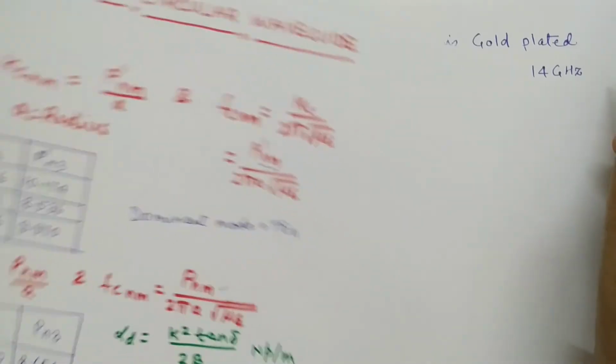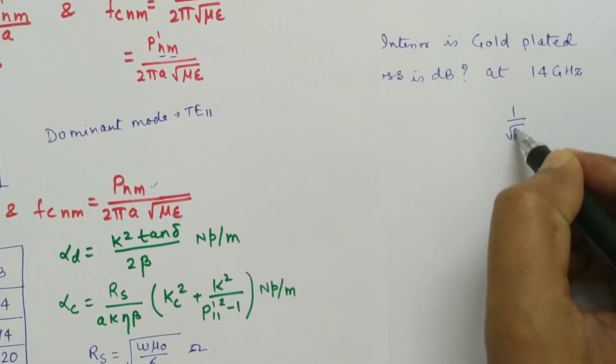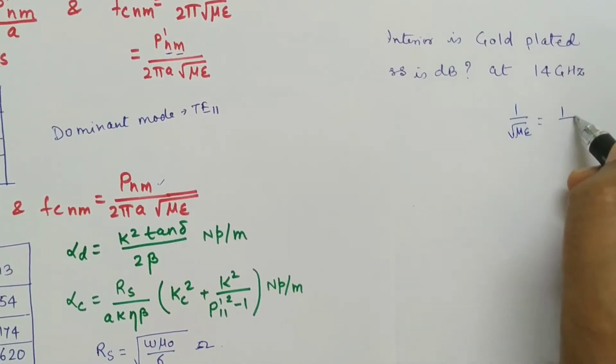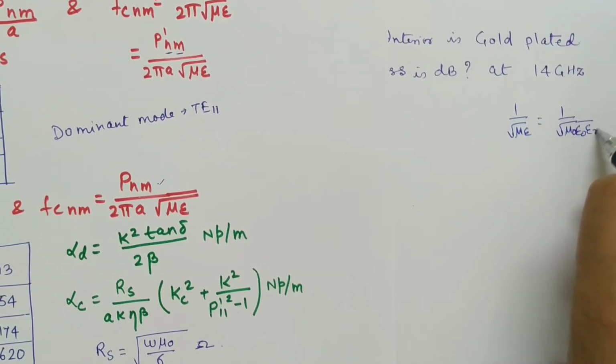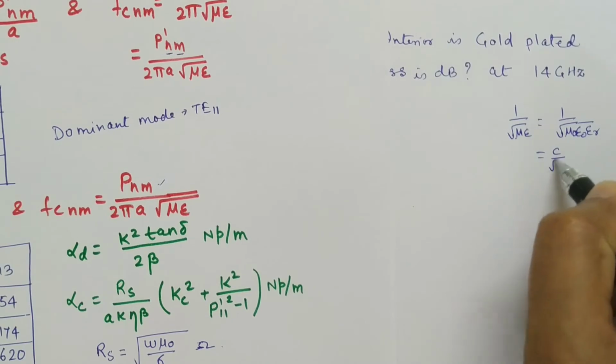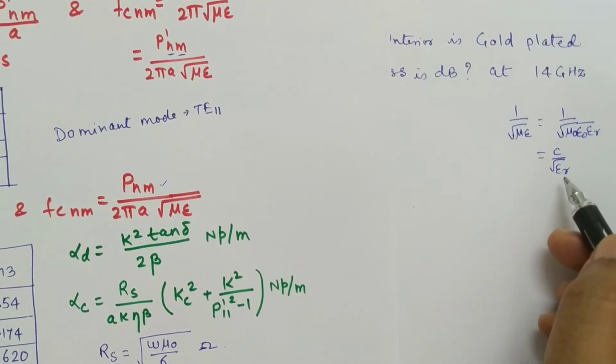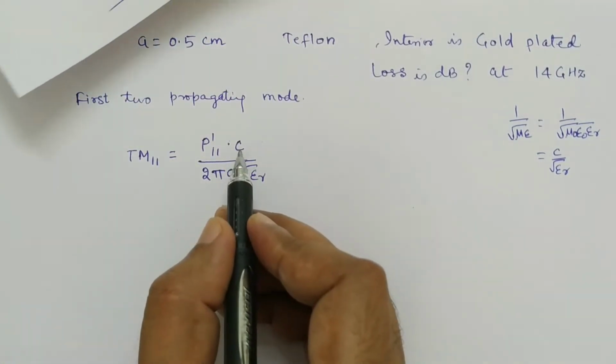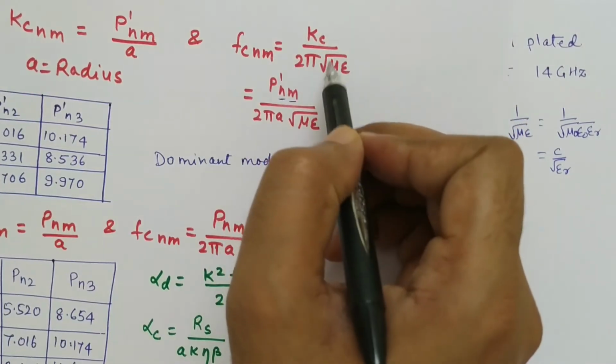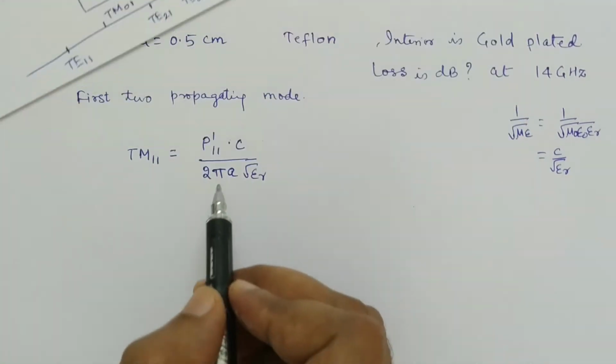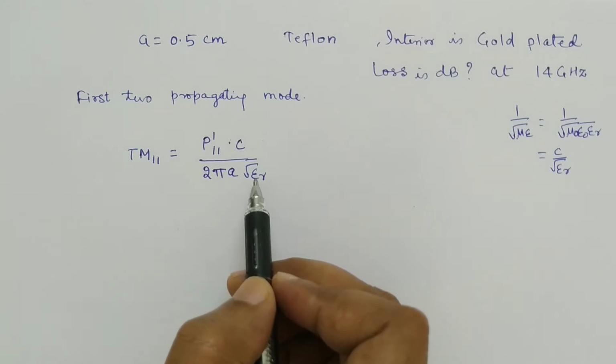We can write 1 by under root mu epsilon as 1 by under root mu naught epsilon naught into epsilon r, which becomes C by under root epsilon r. This is how we have replaced 1 by under root mu epsilon by C by under root epsilon r.